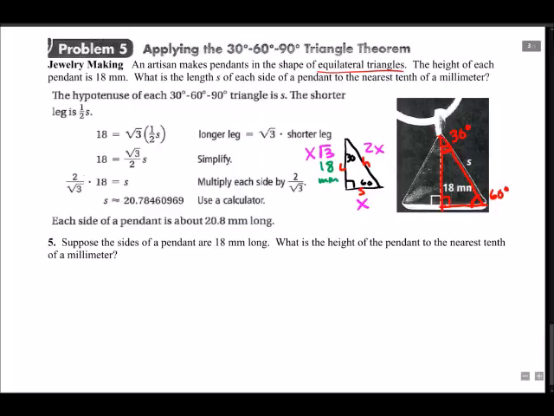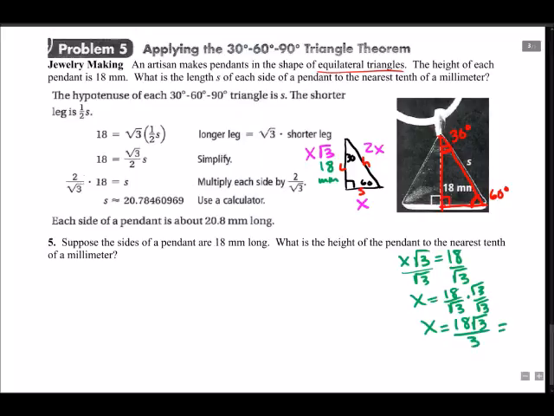So what can we say? We can say that x root 3 equals 18. Get x by itself. x equals 18 over square root 3. Rationalize our denominator, and we get x equals 18 square root 3 over 3.